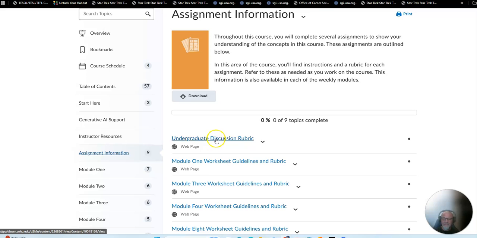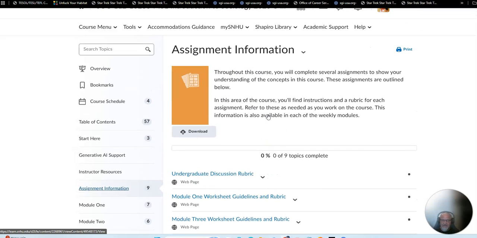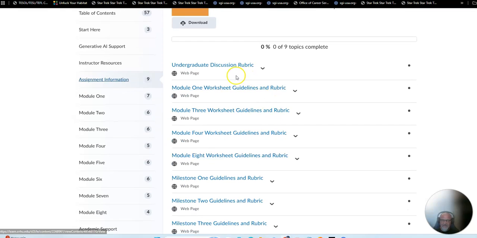But the first thing I'd like you to do, before we really dive into anything, is look at these discussion rubrics, modules, and so forth, and what they expect you to do.